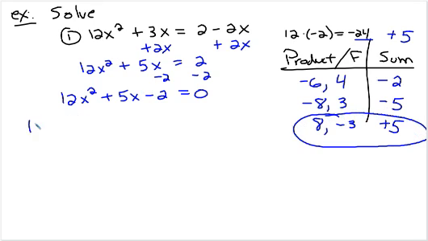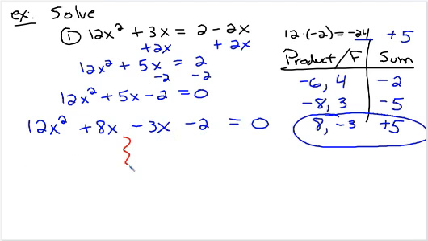So I rewrite this thing just like we did on the first two examples today. 12x squared plus 8x minus 3x, and this last term always stays the same. We are solving it, but we'll worry about that in a minute. We do the factor by grouping method, so we're going to split this thing up.